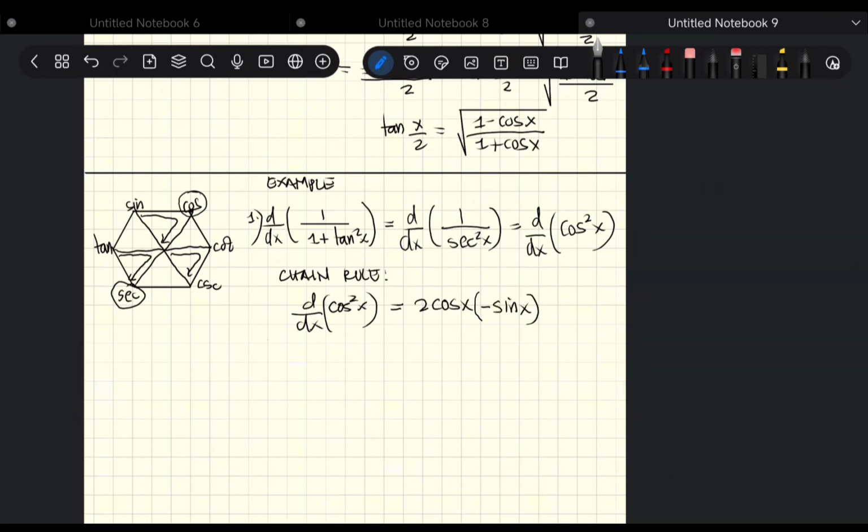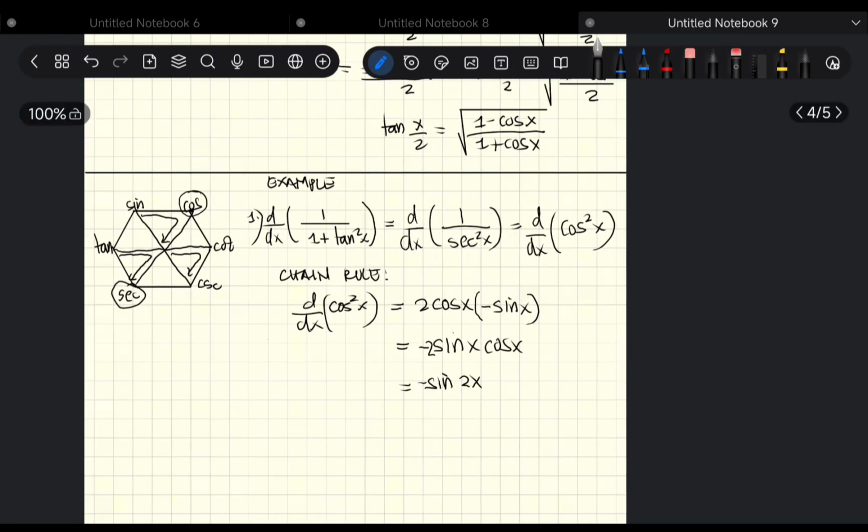Also that is equal to negative 2 sine x cosine x, and for double angle identities, that is also negative sine 2x. Both of the two are correct.